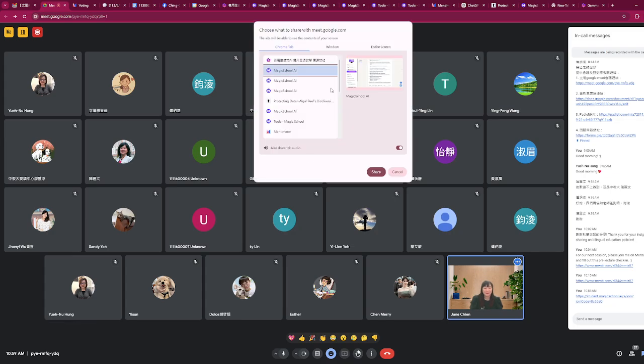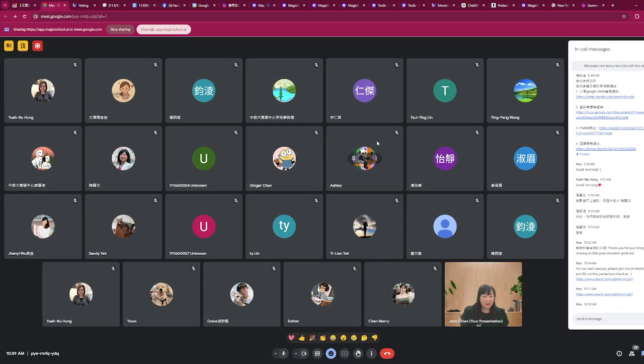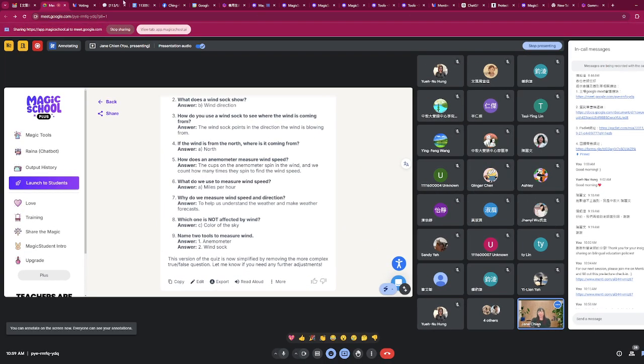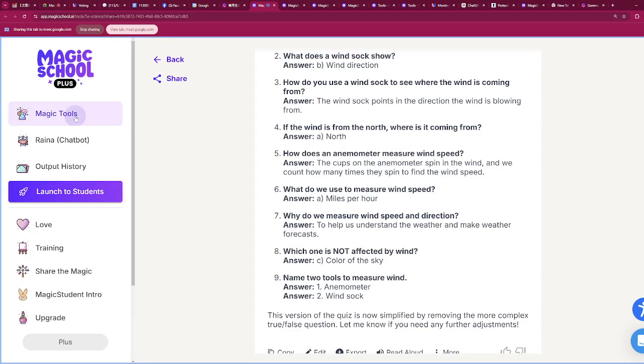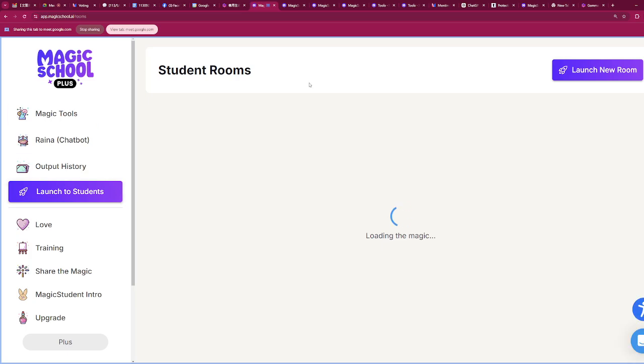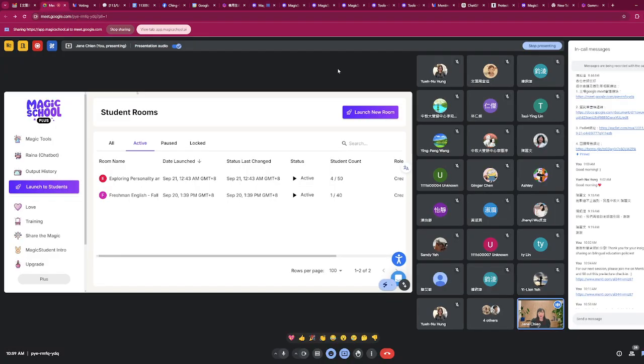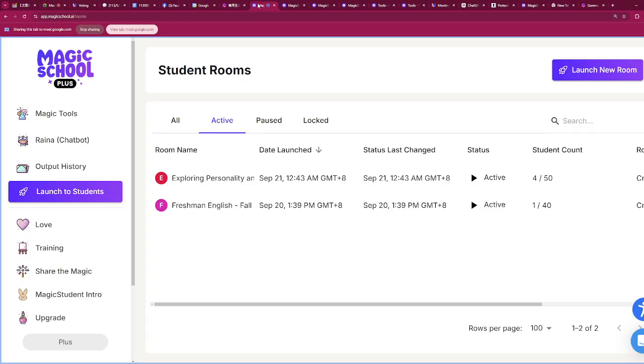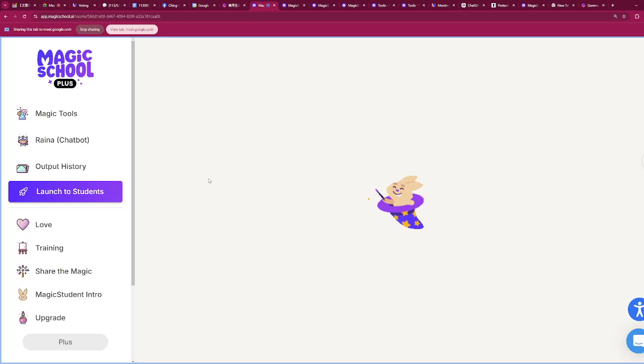Let me show you how powerful this is. Launch to students. Okay, this is the students' room, so you all could join me in the students' room. And I've created an exploring personality and science part for you.